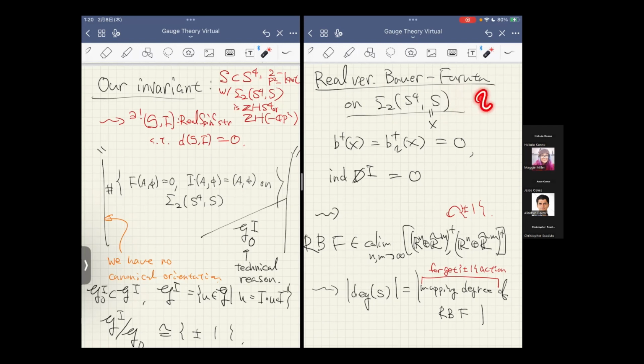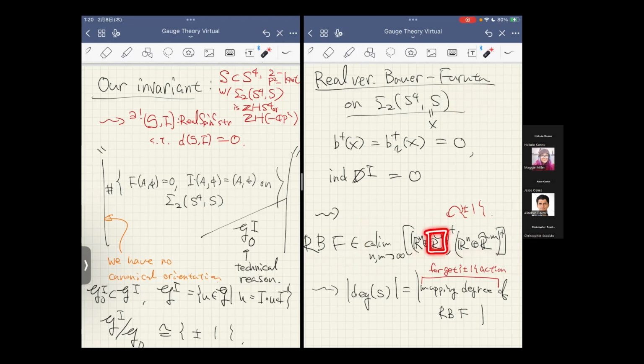The involution is given by the covering transformation. Then the real version of the Bauer-Furuta invariant lives in these colimits. And note that they have the same dimension.